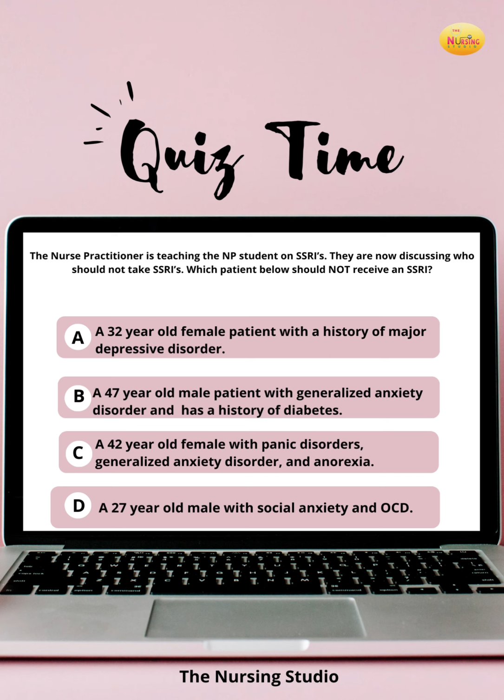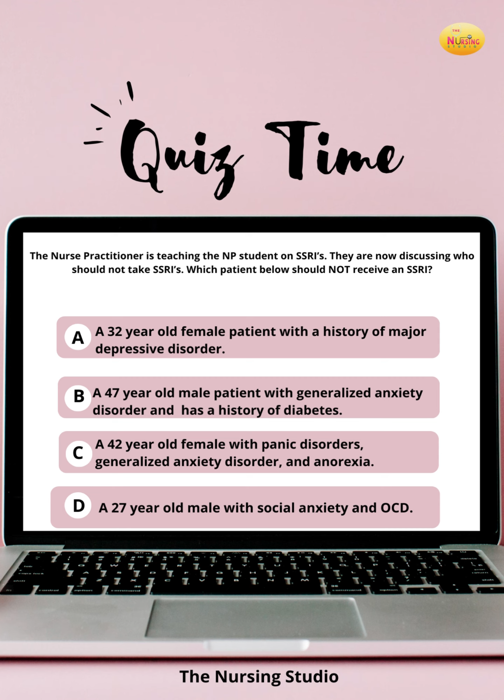You do not want to give patients SSRIs if they have anorexia, or patients like the elderly population that may be malnourished or are having issues with their appetite, because SSRIs depress the appetite. So you don't want to cause additional suppression of that appetite, do you? So C is your best answer.